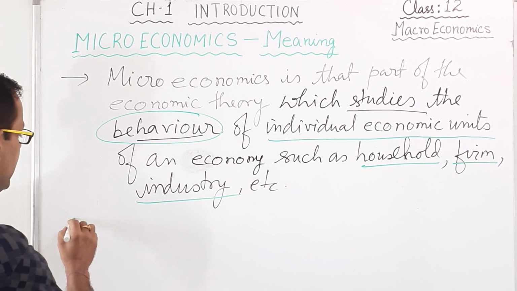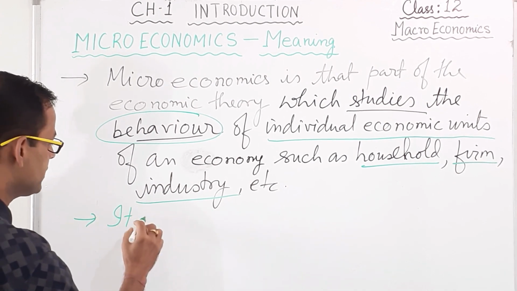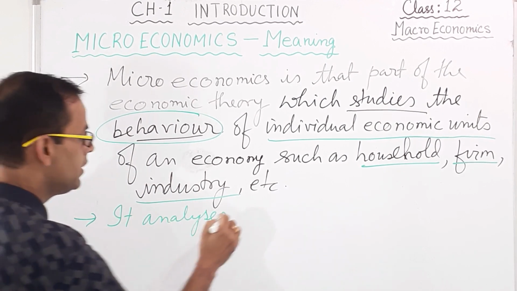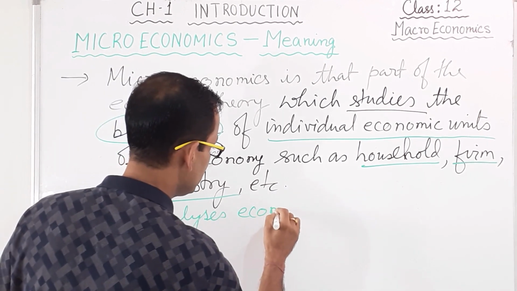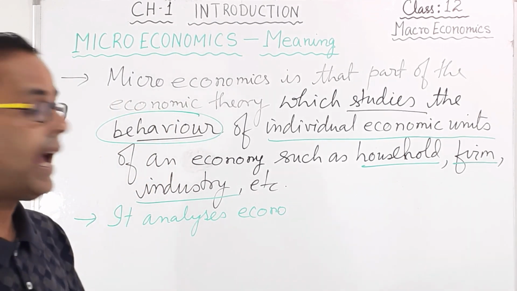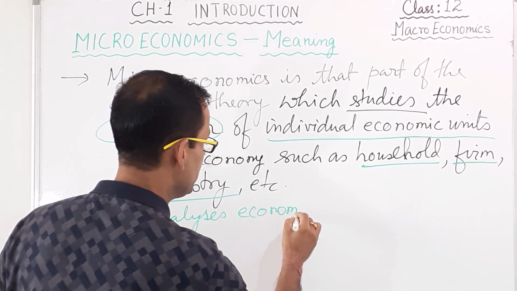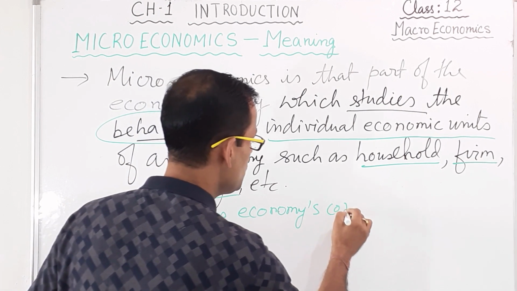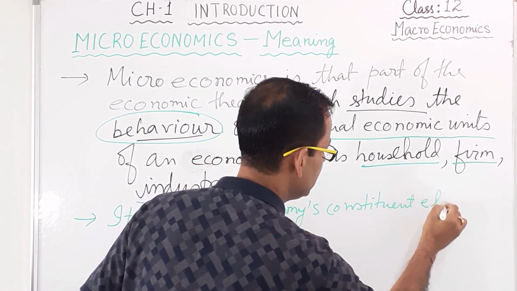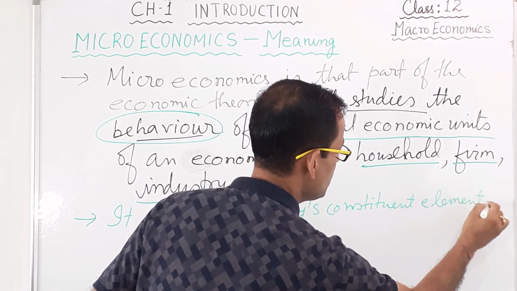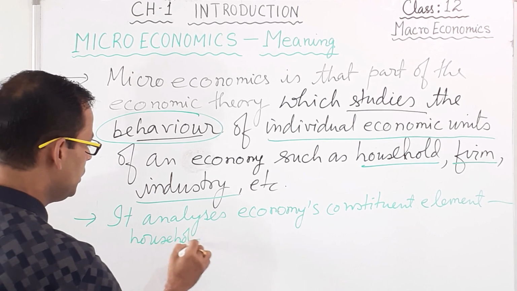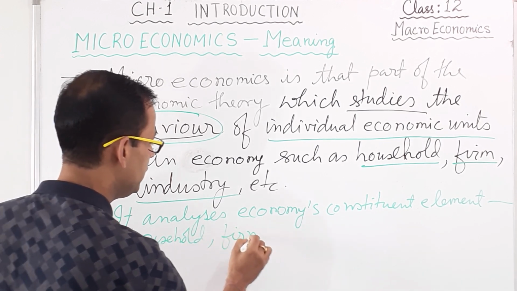So here it analyzes the economy's constituent elements. Which are the elements? One is household, one is firm, and industries.